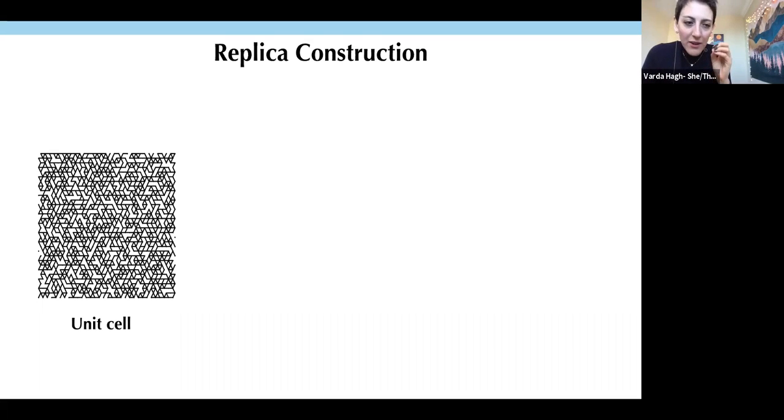But I wanna go a different kind of route. I wanna say, okay, I'm gonna start with a unit cell, which is the main network structure that can come from a jammed packing or something similar that has the same nature.